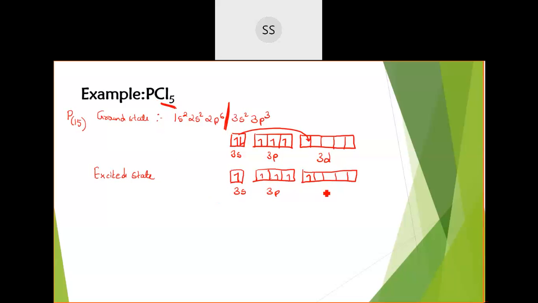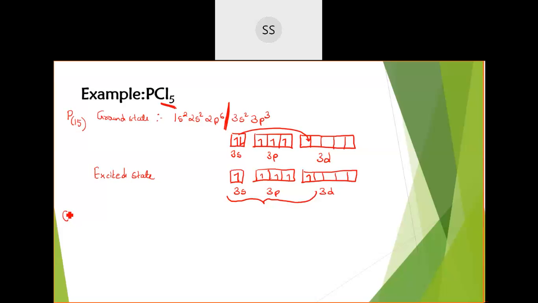Now we will mix them. So this is the 3d orbital. Now we will mix one 3s orbital, three 3p orbitals, and one 3d orbital. This you have to mix, which involves hybridization. So we can write that one 3s orbital, three 3p orbitals, and one 3d orbital, all of this you are going to mix.